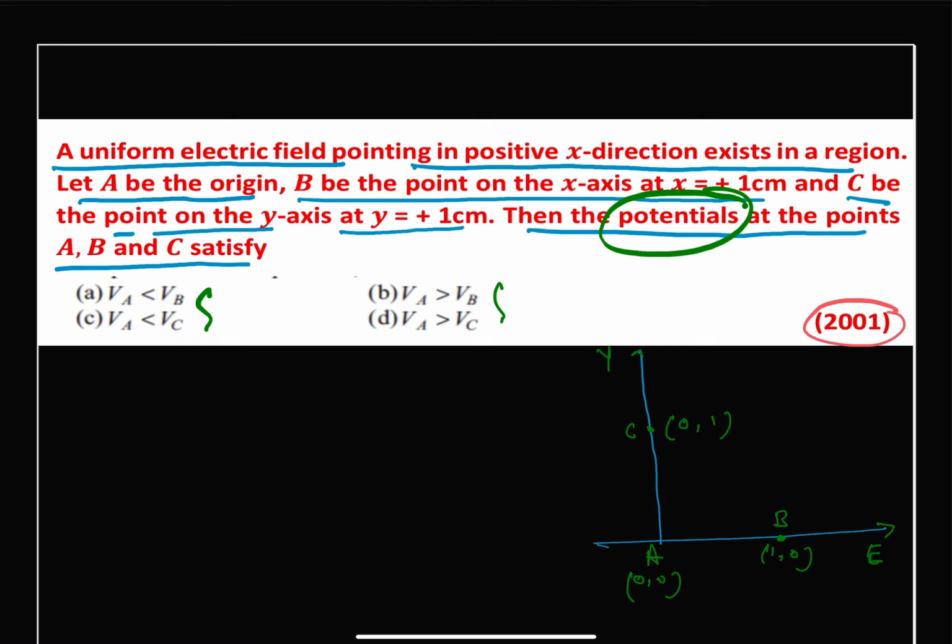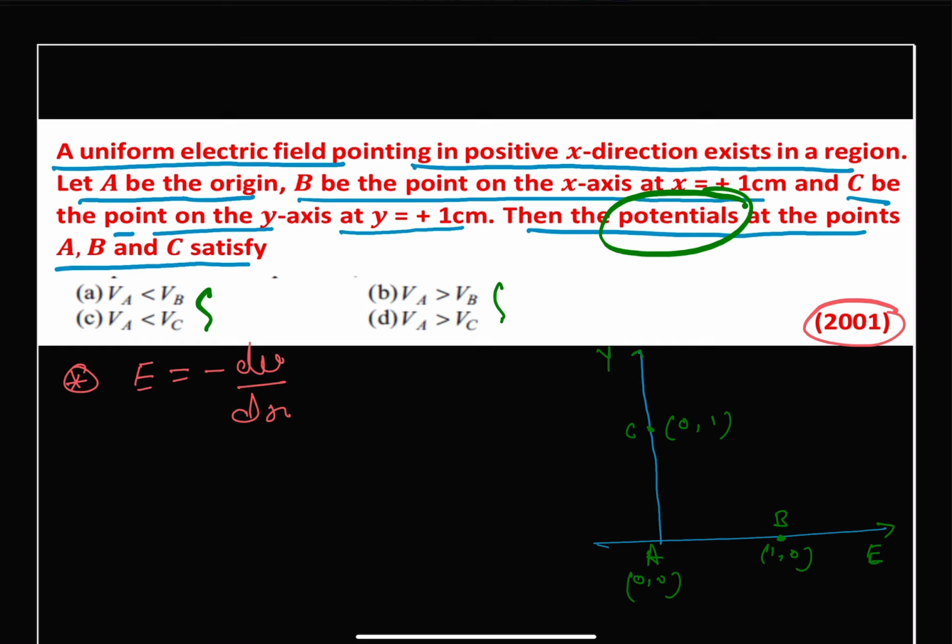And we know that the relationship between electric field and the potential, we know that the electric field is equal to minus dV upon dx, and we also know that the electric lines of forces flow from a higher potential to lower potential. Okay.